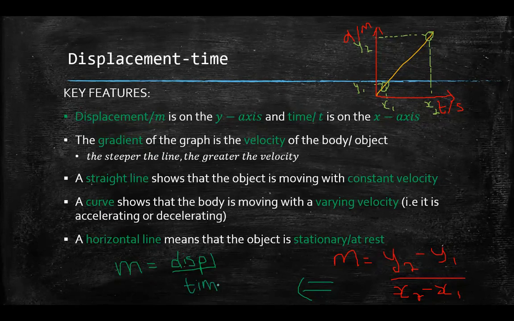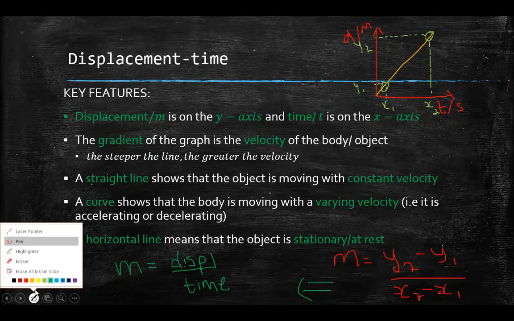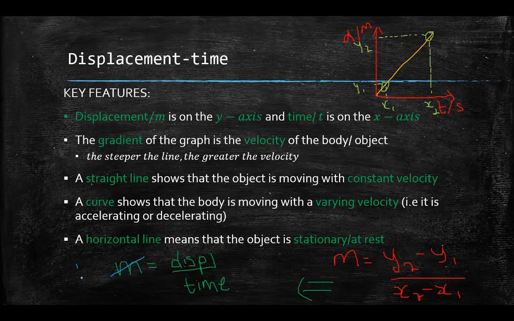And we just said that another way of saying velocity is the displacement per unit time, which is displacement on time. This is displacement on time. And therefore, the meaning of my gradient for this graph has to be velocity. And that's why the gradient of the graph is velocity.